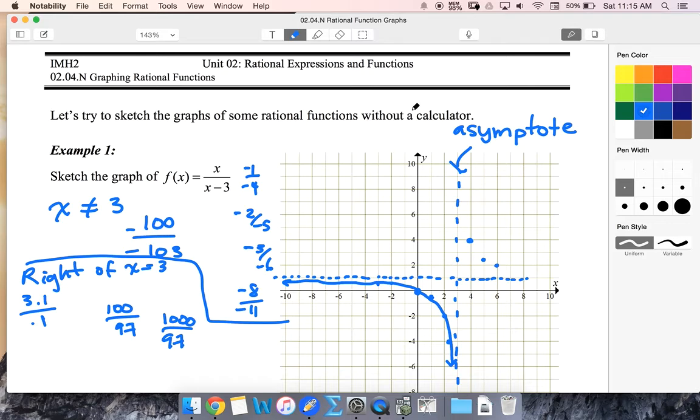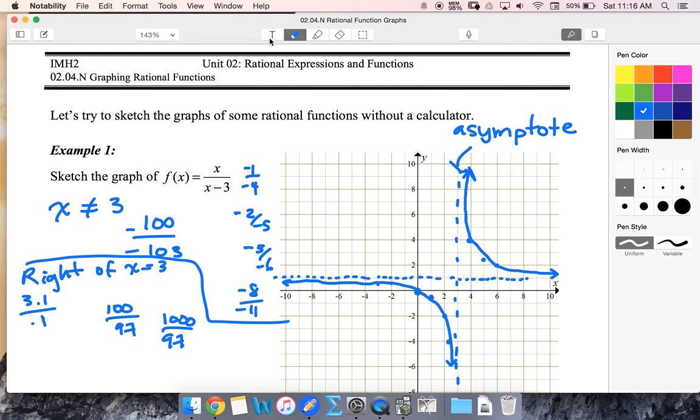So now on this right-hand side, I'm coming from +infinity and heading down towards +1. So thinking about what's happening here, I can talk about what's happening as x approaches 3, and as x approaches +infinity or -infinity.